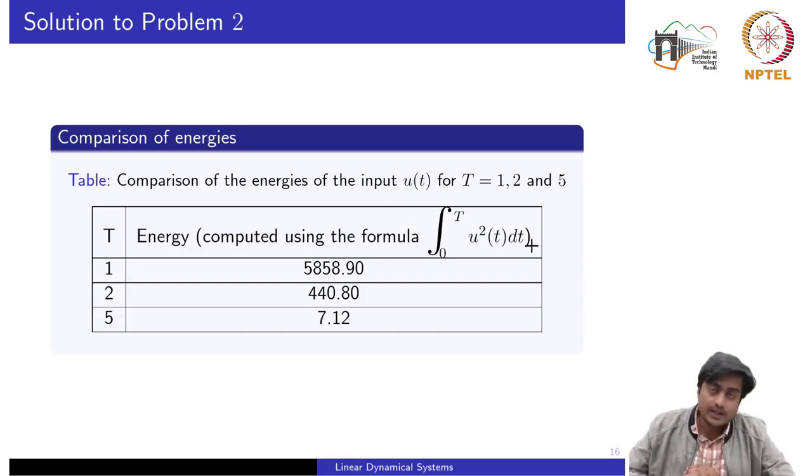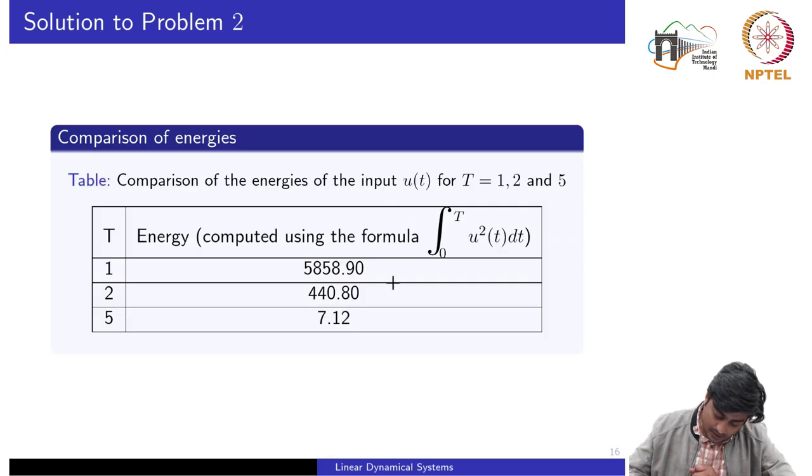So you can also compute the energies of the input signal. You can also visualize this as the amount of effort the actuator has to put in to steer the trajectories from non-zero initial condition to zero. If the time taken is less, the control input has to act quite fast in comparison to when we want the system to be a bit slower.